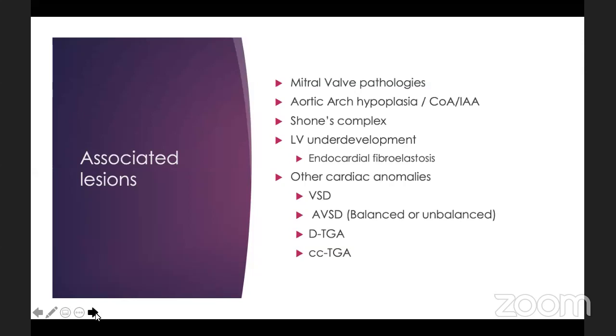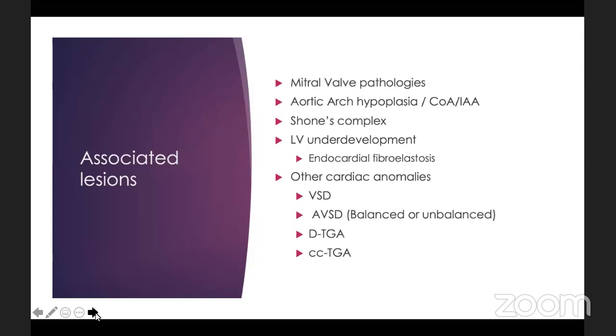Left ventricular underdevelopment, especially if there is an inflow obstruction. Less flow means less growth in the fetal life. And it could be associated with subendocardial ischemia and endocardial fibroelastosis.